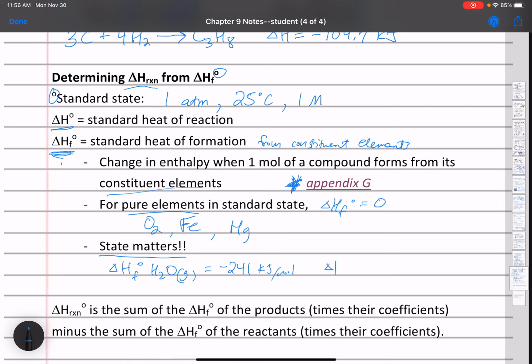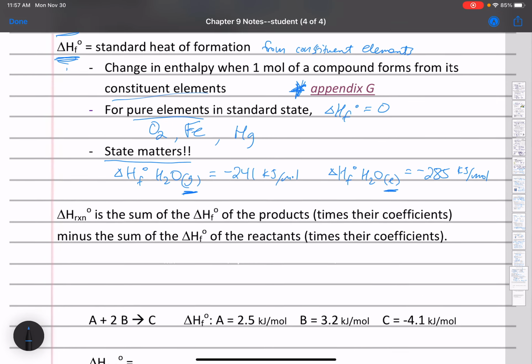But if you look up the heat of formation at standard state for liquid water, it is negative 285 kilojoules per mole. So do pay attention to the state when you're looking up the heat of formation for something on the table. Make sure you're looking at the right state of that substance.